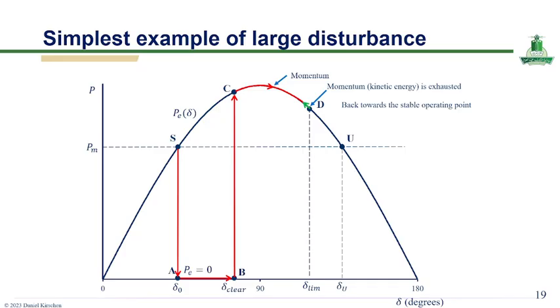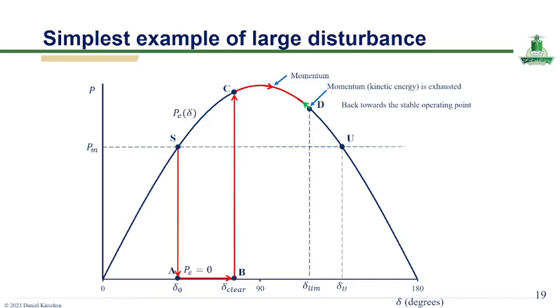clearing angle delta clear. After the fault is cleared, electrical power is restored and exceeds mechanical input, causing deceleration as the system moves from C toward D. So the kinetic energy gained during acceleration is gradually dissipated, and if the decelerating area is sufficient, the rotor returns toward a stable operating point.